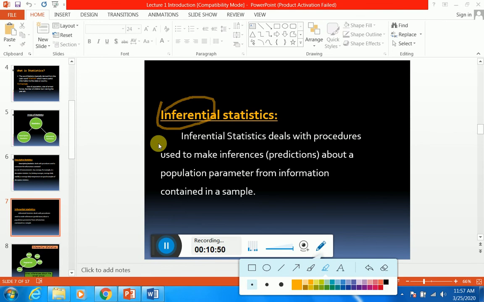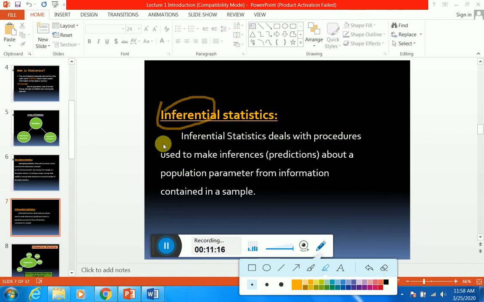That statistic which does analysis for the population data on the basis of the sample study data, or in other words we can simply say a statistic where we study the statistic. Upon the statistic we make a rough conclusion for the population parameters. Such methodology, such science is known as inferential statistics.